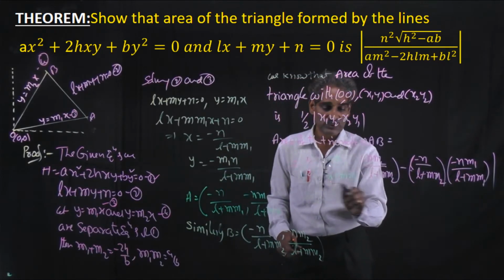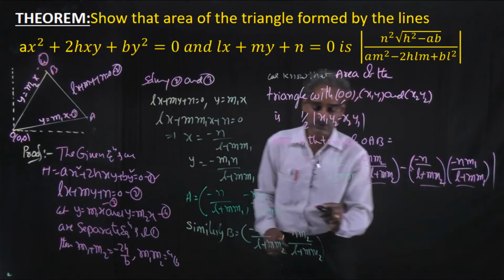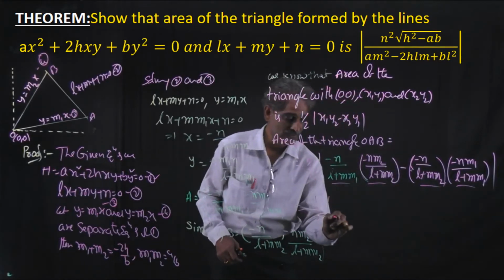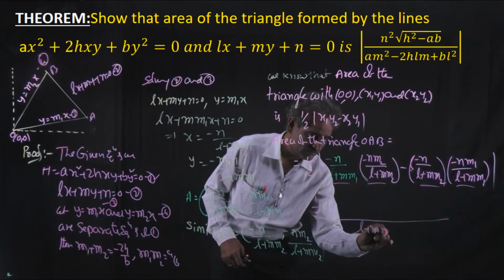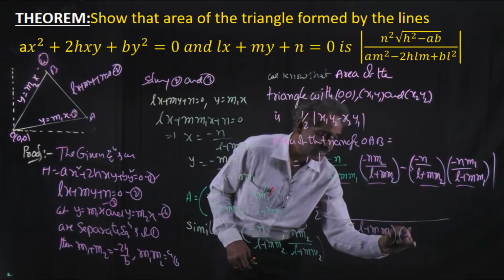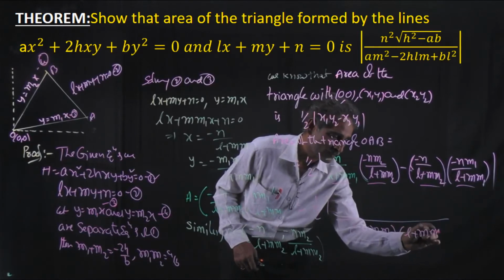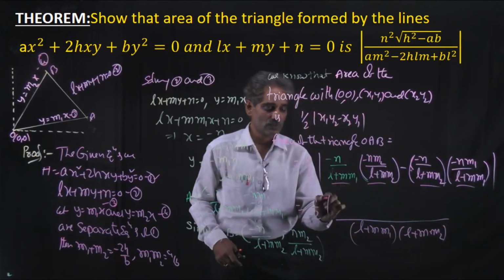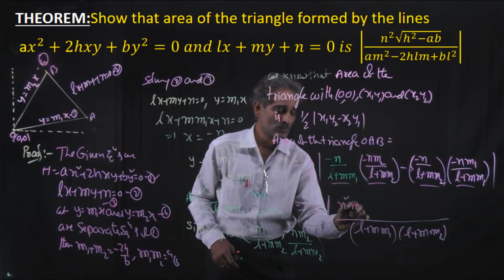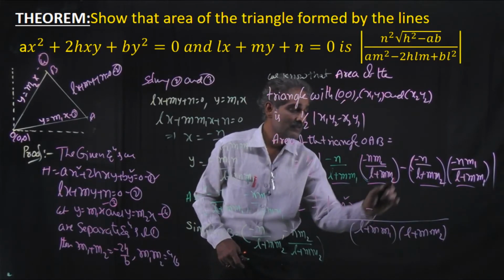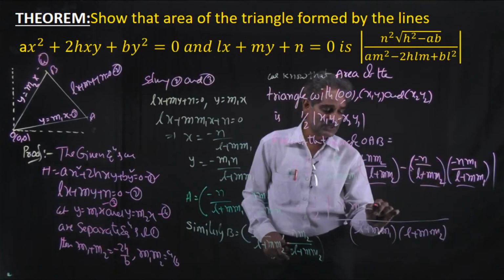So what about the denominator? The denominator is same. What is the denominator? Now the LCM of this is equal to L plus m m1 into L plus m m2. So our numerator is minus into minus plus n square m2 minus of minus plus n square m1.